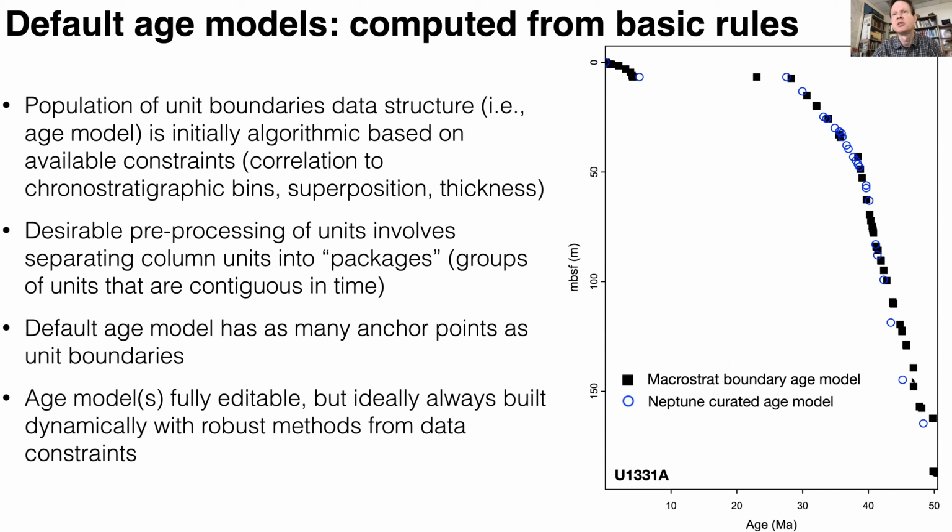That's what's shown by these little black boxes here. These are all unit boundaries within the lithostratigraphic description. The age model is fully editable, but in an ideal world, this would always be built dynamically with robust methods from data constraints. You might have several different methods by which you construct age models, but you could also have a manually edited version.